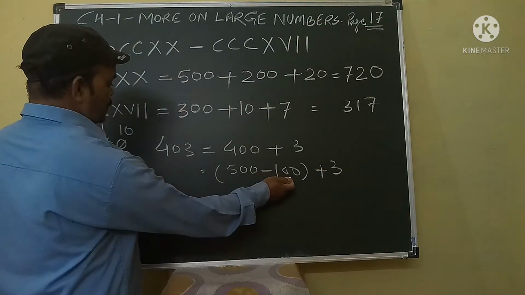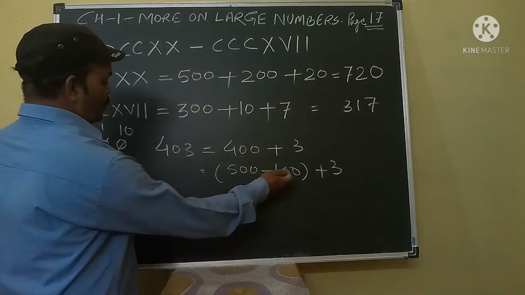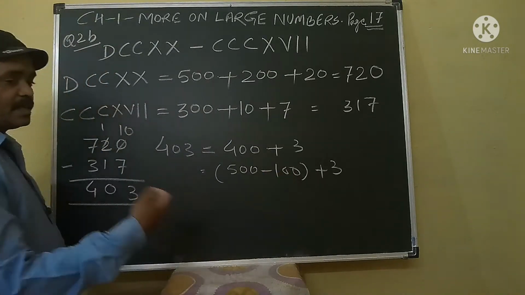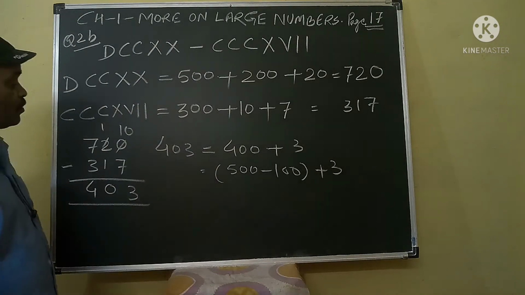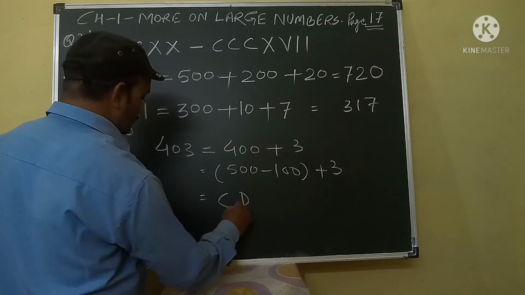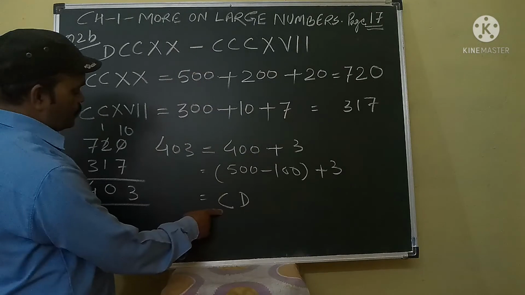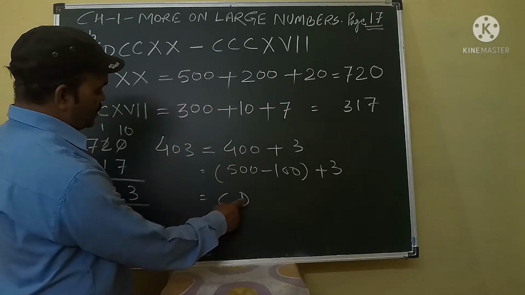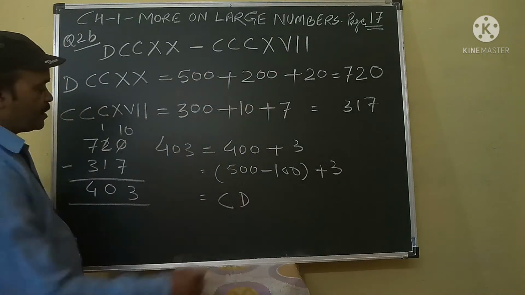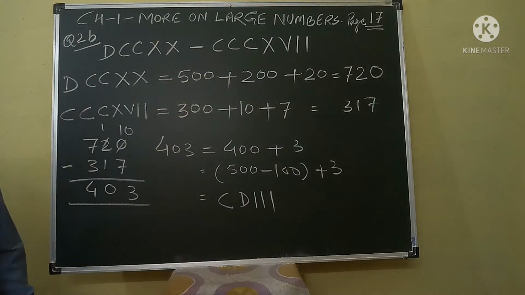A smaller number is subtracted from a bigger number, so the symbol of the smaller value will be on the left side of the bigger value. And 3 means I.